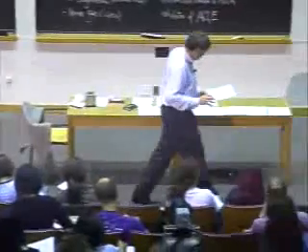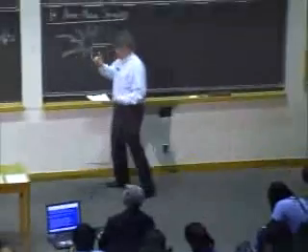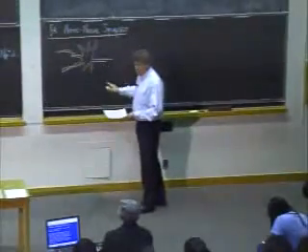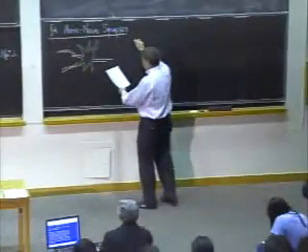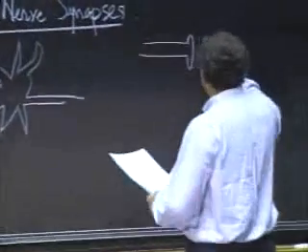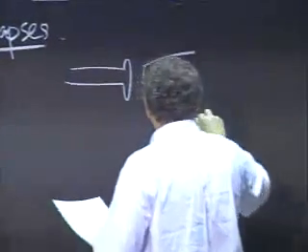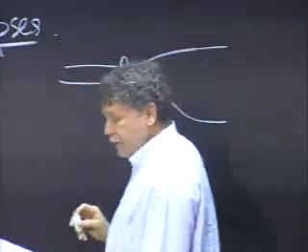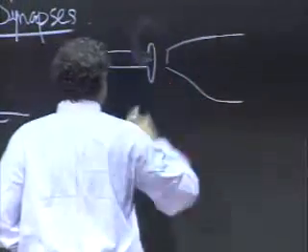But let's look at one of them for the moment. Then we'll come back to how 1,000 can work together. So here's one. And here's my dendrite that I'm synapsing on here. The nerve terminal releases into the synaptic cleft some neurotransmitter.